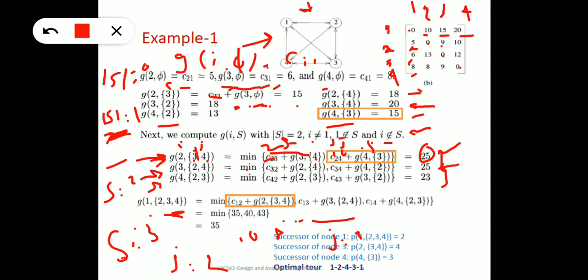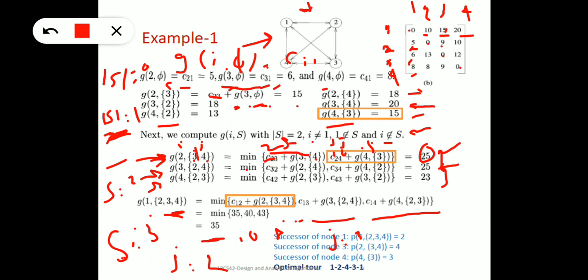Sorry, g of 3 comma 2, 4, yes, it is 25. So 25 plus C of 1, 3 is 15. C of 1, 3 is 15. So 15 plus 25 becomes equal to 40. So similarly we calculate the other part also, and here we find the minimum value to be 35.